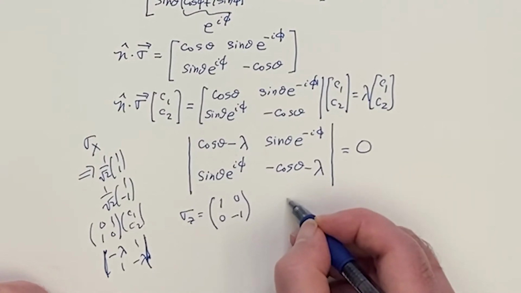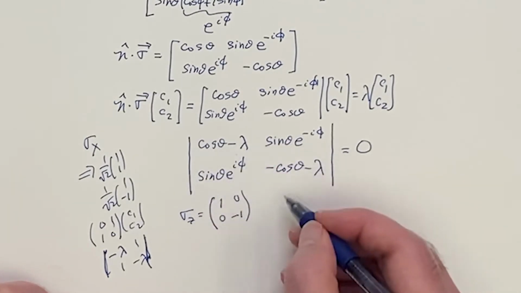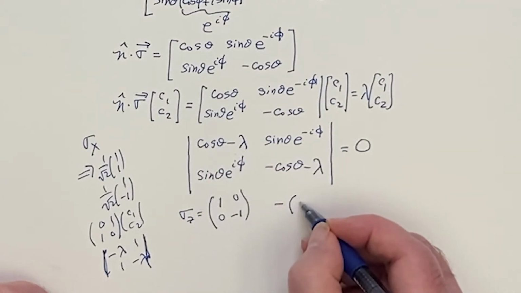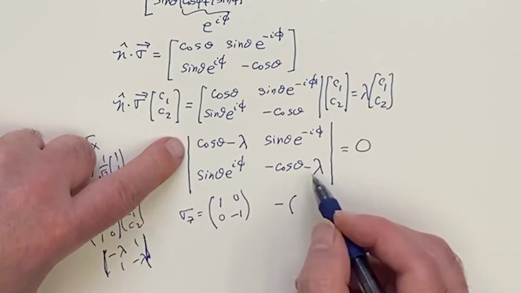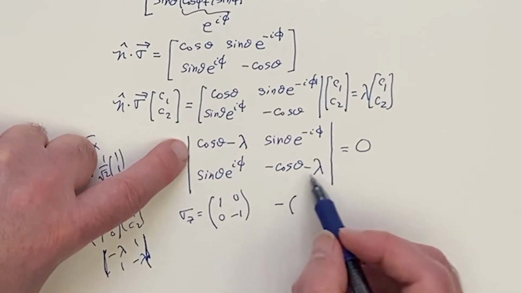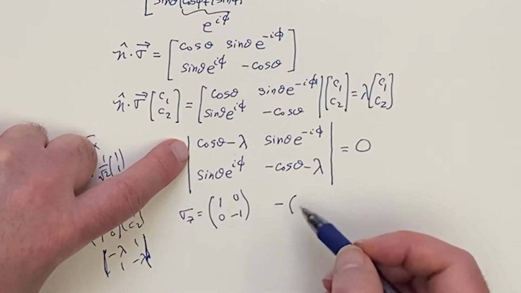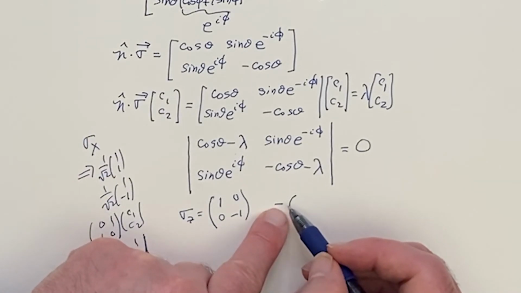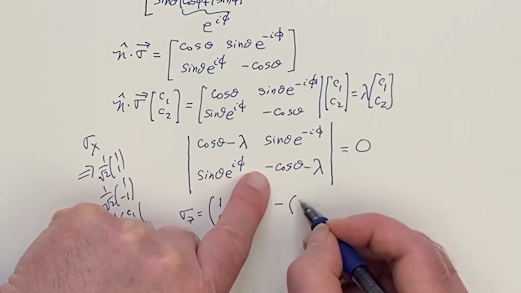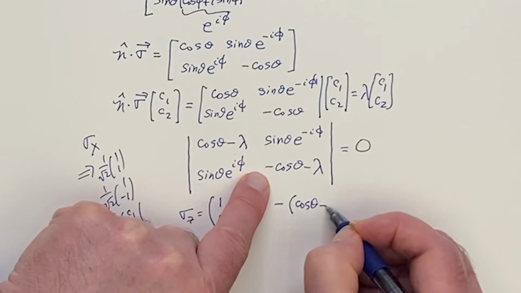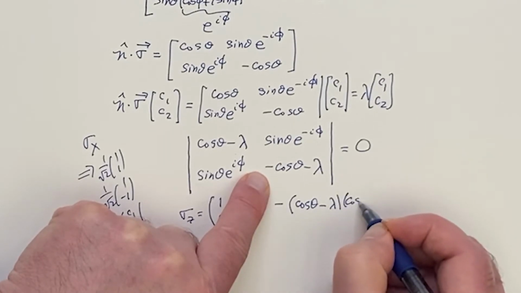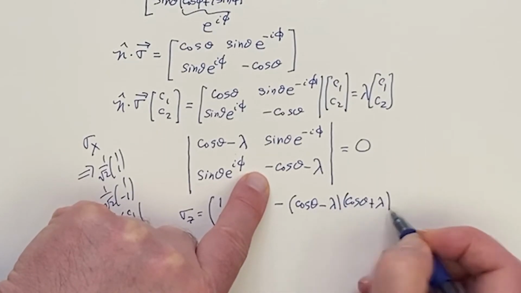So therefore, multiply this to get the determinant. This is going to be minus cosine squared. This is actually sum and difference. So if I put the minus sign out here, then this is like having the cosine of theta minus lambda and the cosine of theta plus lambda.